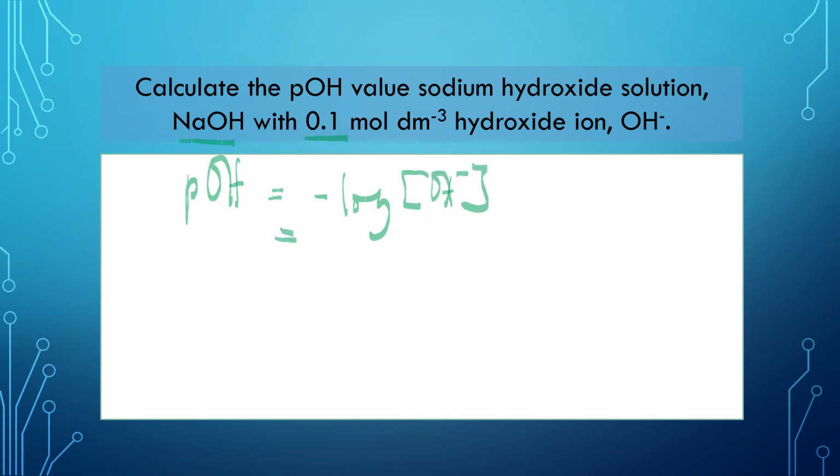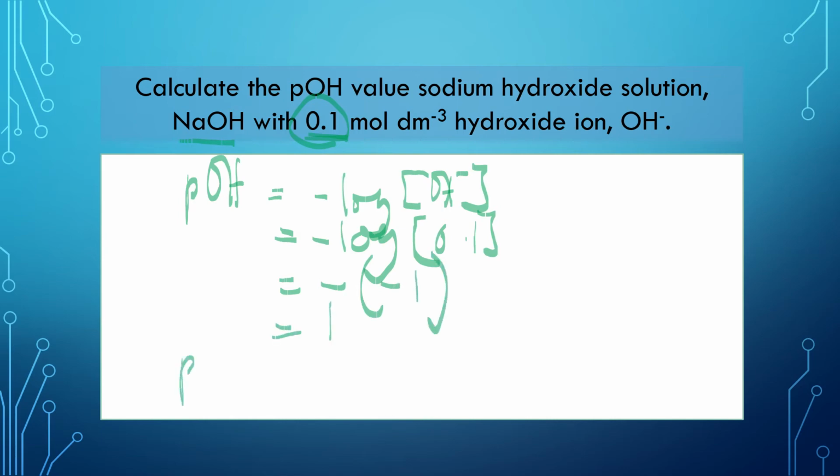Okay, so it is negative log the concentration given, 0.1, equals negative 1. So it is 1. So the pOH value of sodium hydroxide solution is 1. You have to write the 1 decimal place. Okay, 1.0, because given here 1 decimal place.